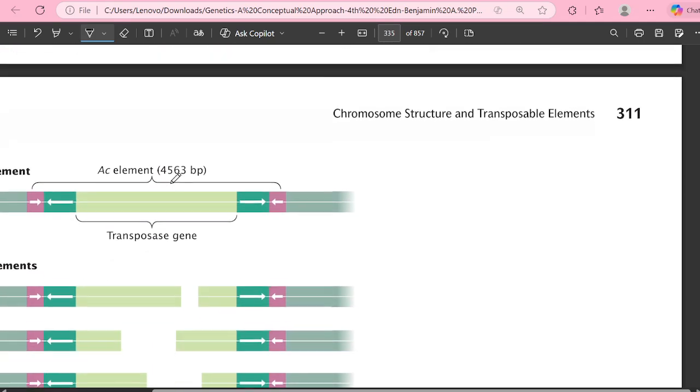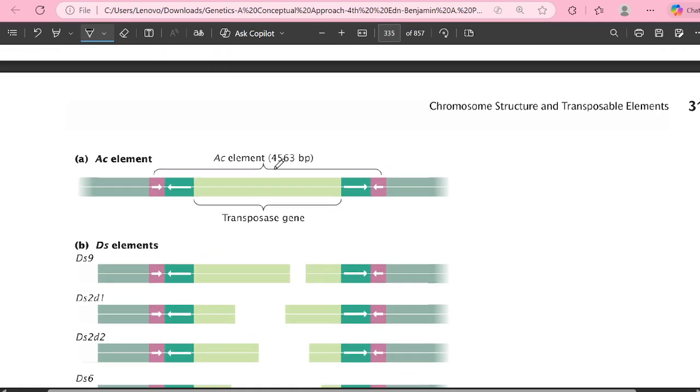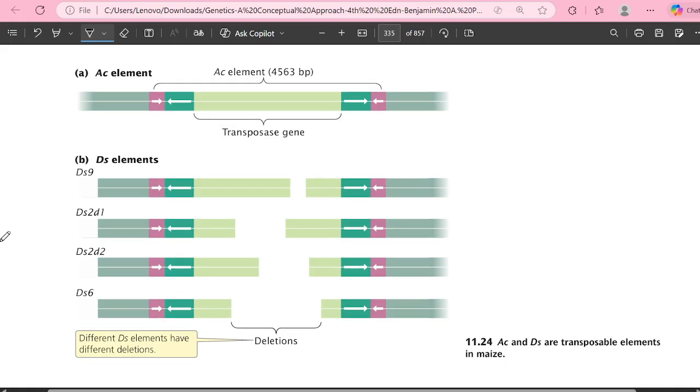Let us have a look at how these elements look. Here is your AC element and here is your DS element. The AC element is a full-fledged transposon which consists of this pink colored FDR region, then the green colored ITR regions, and here is the gene which codes for the transposase enzyme.